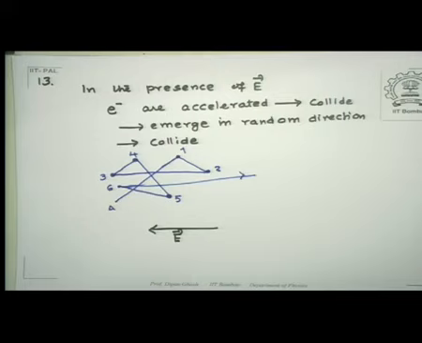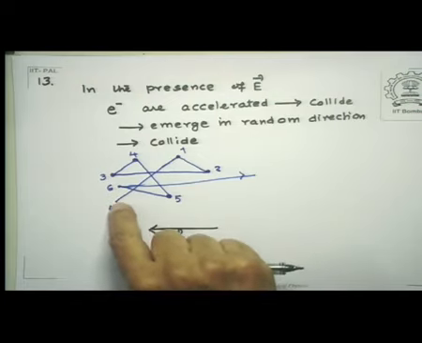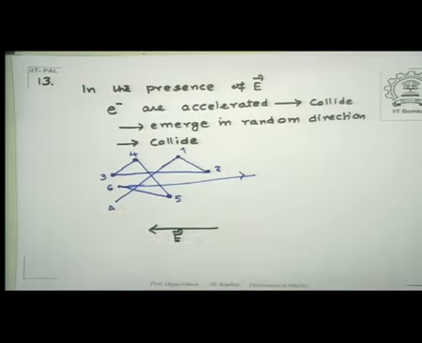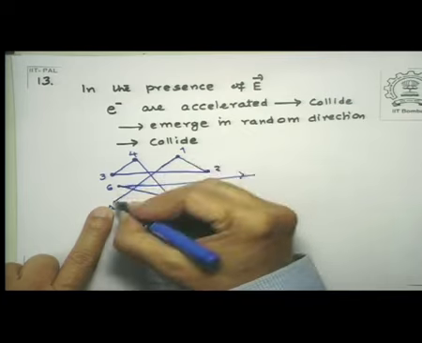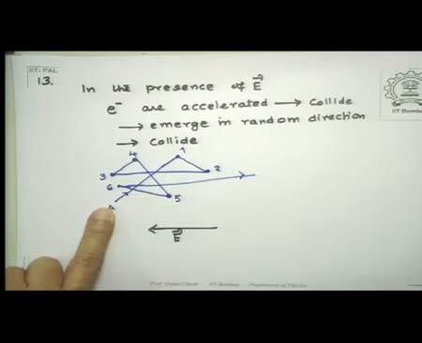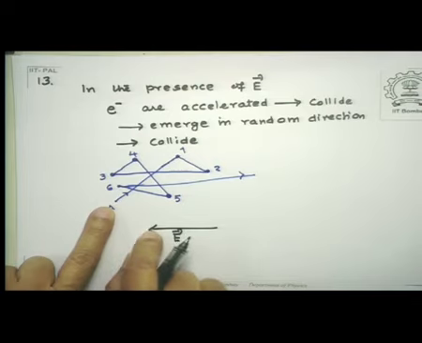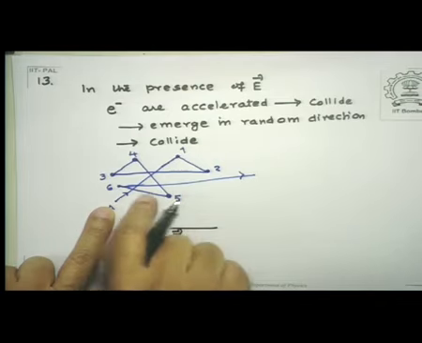Now what happens if there is an electric field? Let us suppose my electron starts from A. Now remember that the electric field is in this direction, and I have a negatively charged electron. So the electron's velocity in the absence of electric field is in this direction, but there is an electric field providing it an acceleration in that other direction.